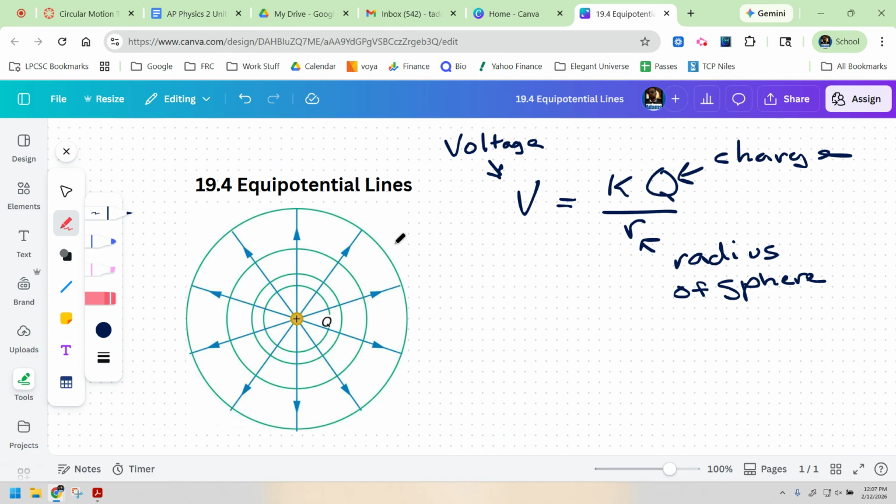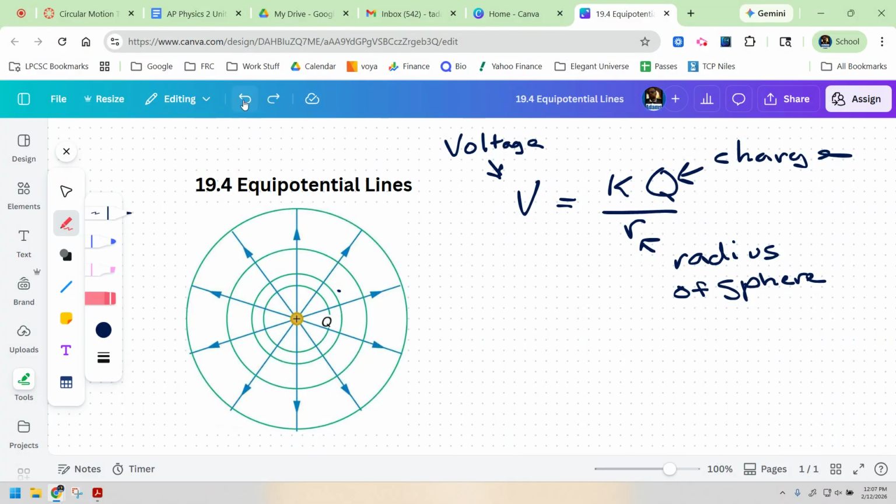In other words, if this is my R here, well, I don't want to end right on a green line, but let's undo that. So if I were to measure the potential here, it would be the same as over here because it's equidistant, right?